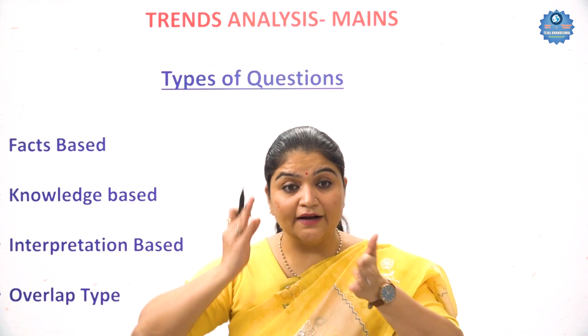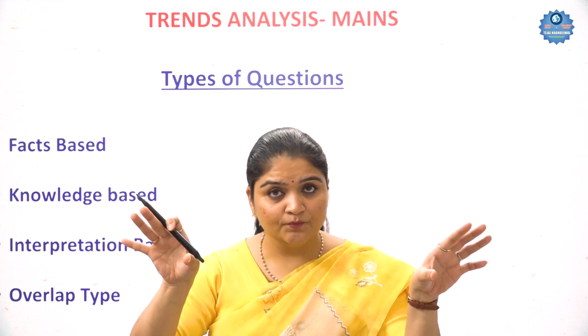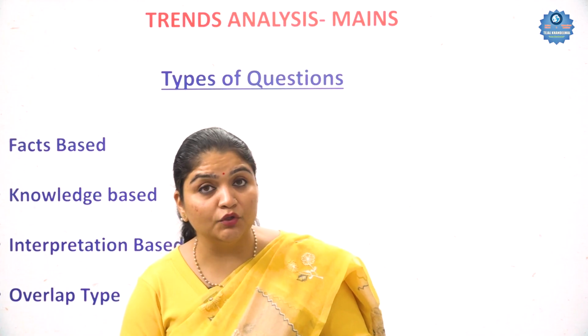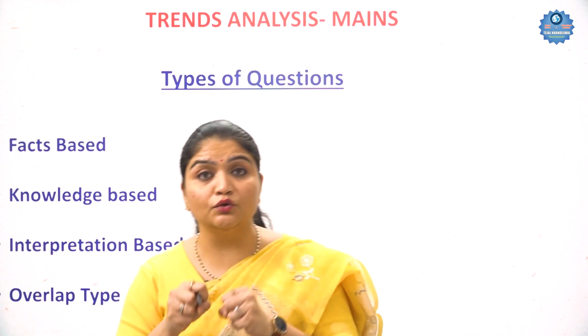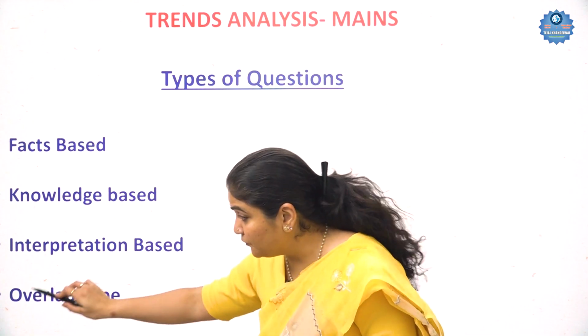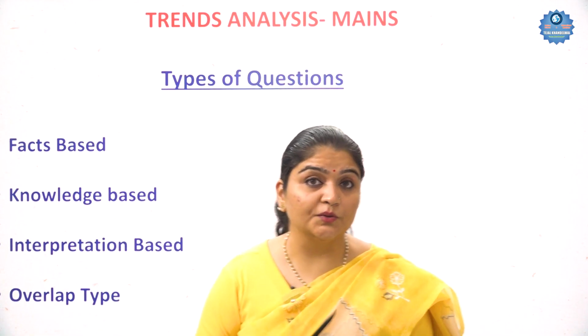So imagine you will have to divide the question first on where they are coming close, the factors that are bringing them close, and the impact of their coming close for peace in Asia as well as the world. So it is a very overlap type of question.